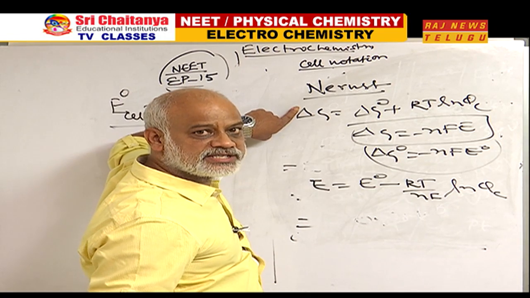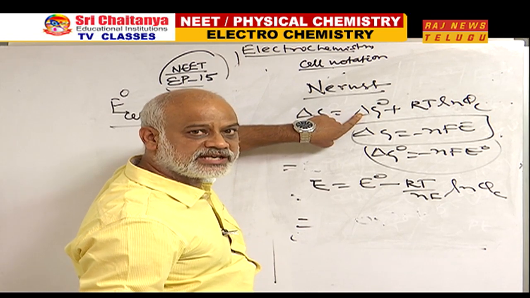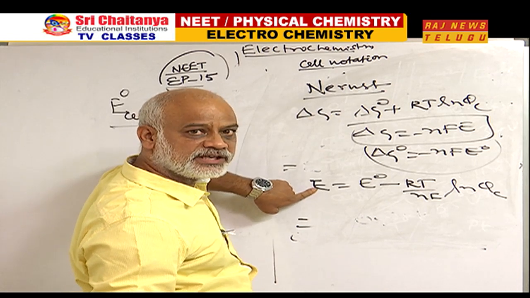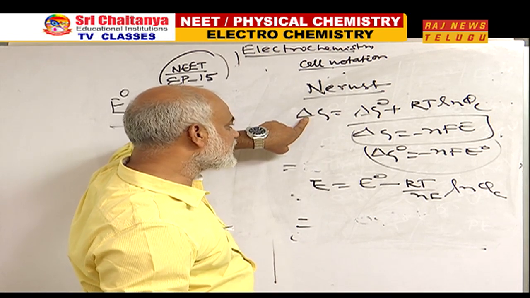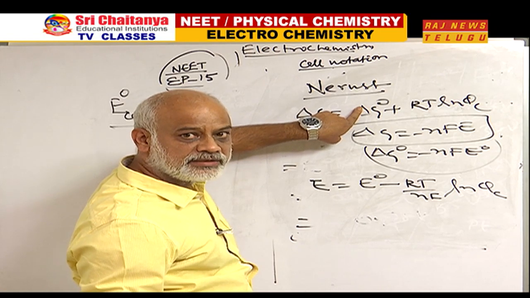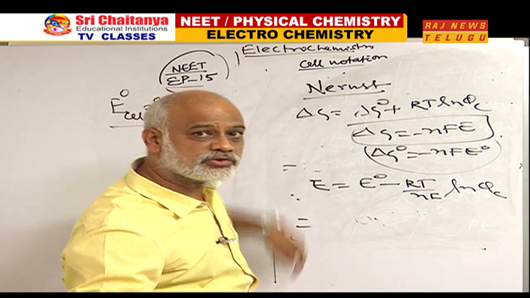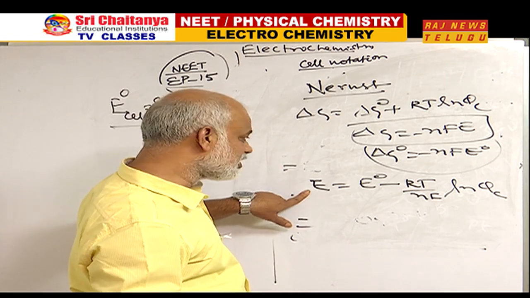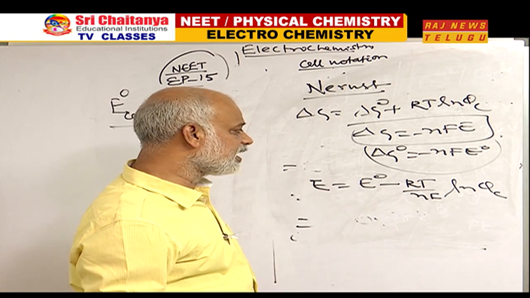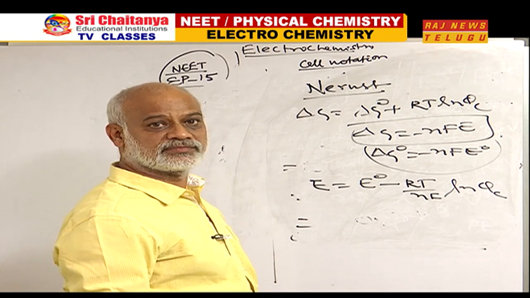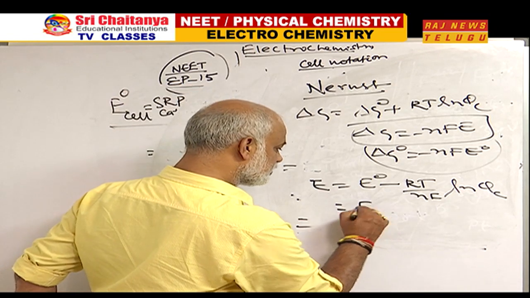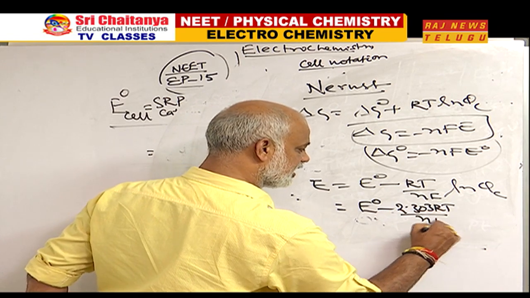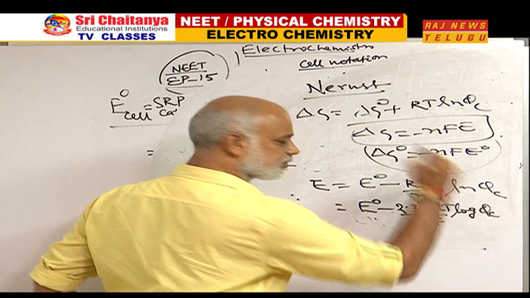Delta G minus NFE, delta G naught minus NF E naught, divided throughout by minus NF. So what did I get? E is equal to E naught minus RT by NF ln QC, which is nothing but equal to E naught minus 2.303 RT by NF log QC.